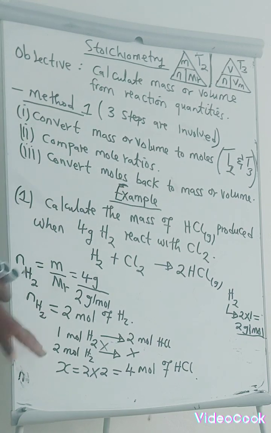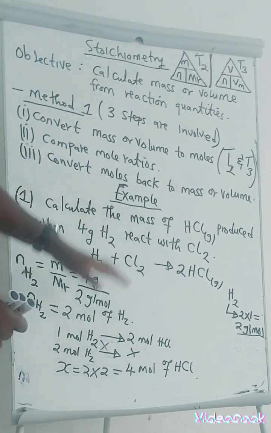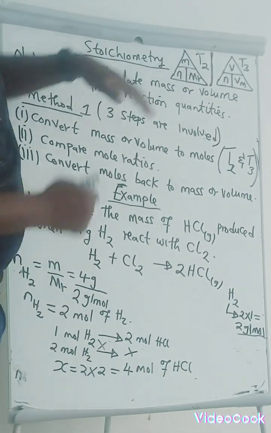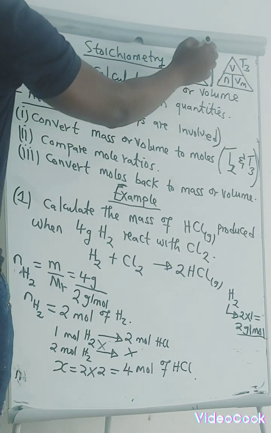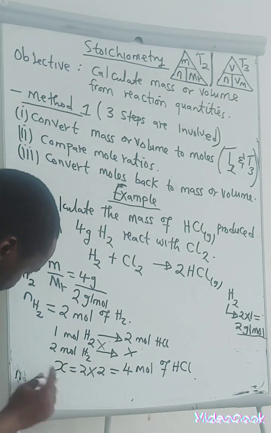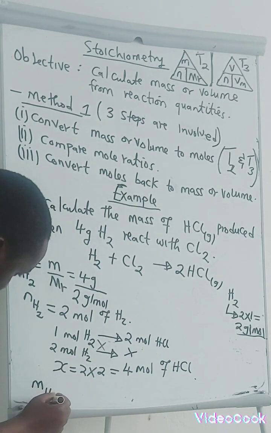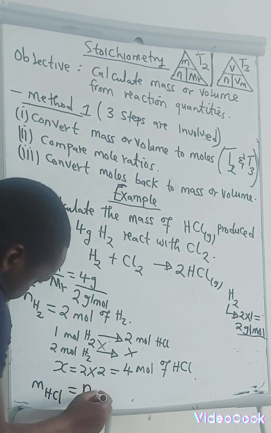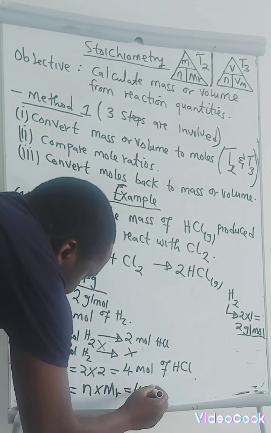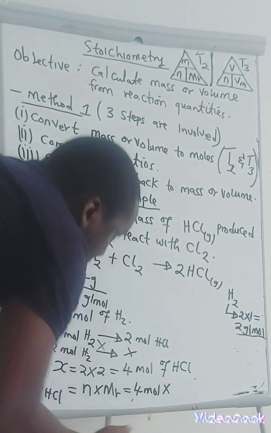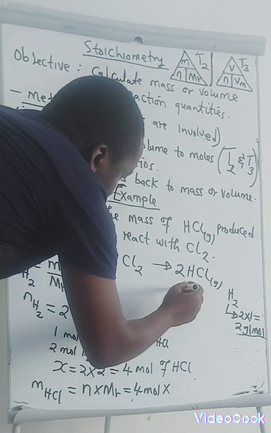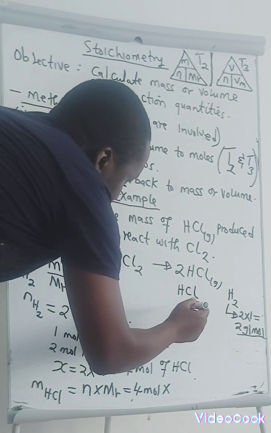Then again we go back to T2. Since we found the moles, we now find the mass, which is N times Mr. So mass of hydrogen chloride is equal to N times Mr, which is 4 moles multiplied by Mr of HCl, hydrogen chloride.